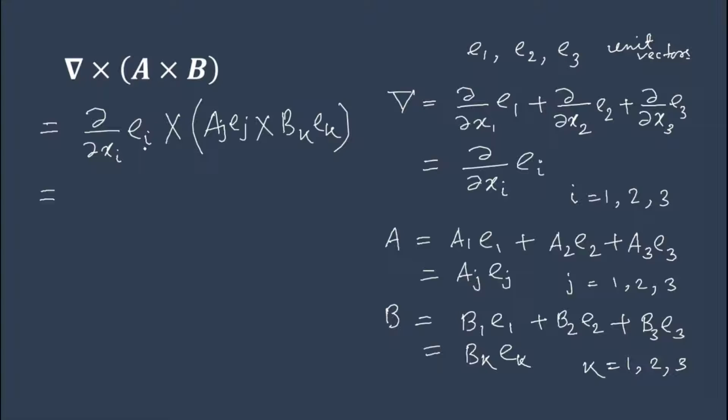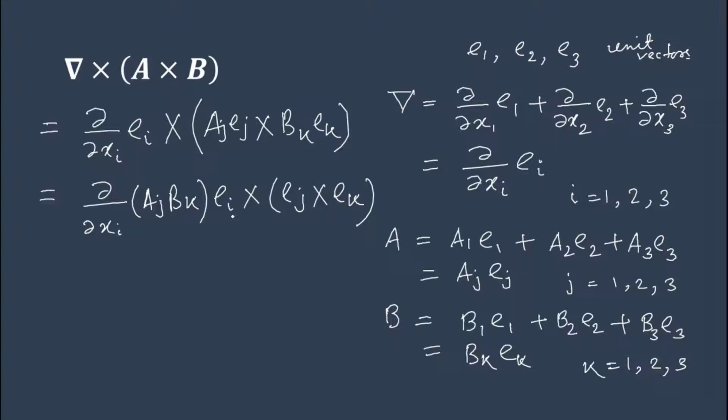Now here you see that ei is a vector quantity, del xi is a scalar quantity, Aj and Bk are scalar quantities and ej, ek are vector quantities. So we can write del xi Aj Bk ei cross ej cross ek.